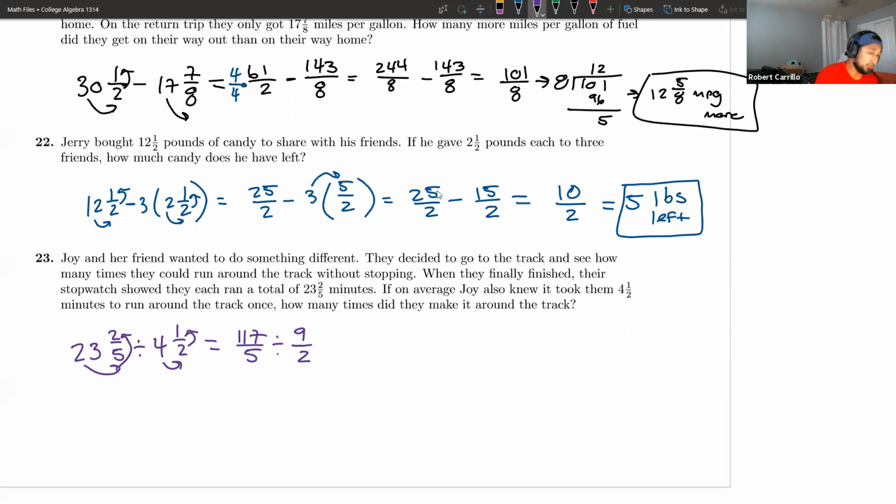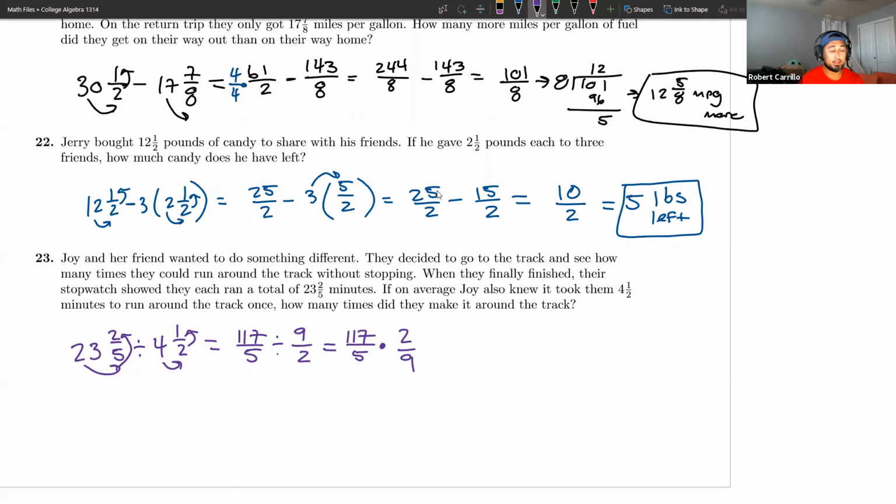Okay, cool. So we have two fractions dividing each other. Now we know we can multiply by the reciprocal. So we keep the first fraction, change from division to multiplication, and flip the second fraction.